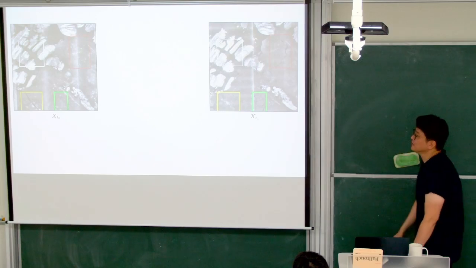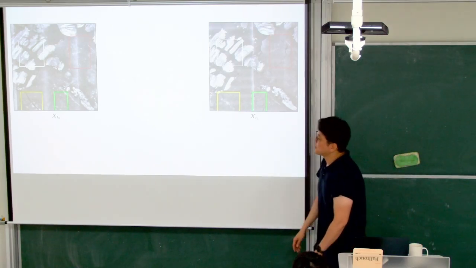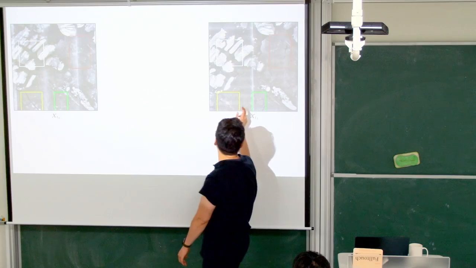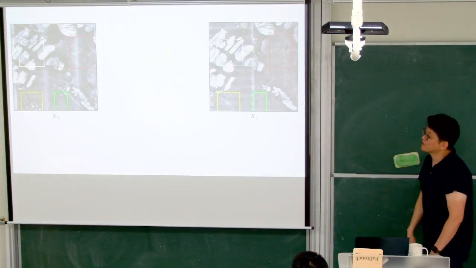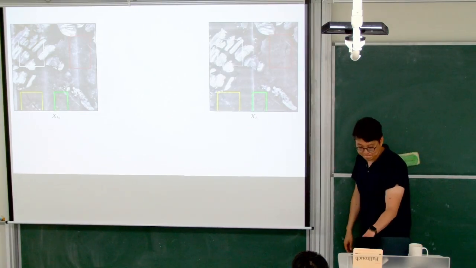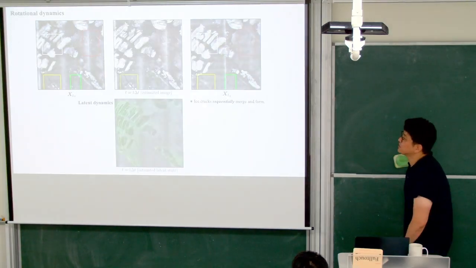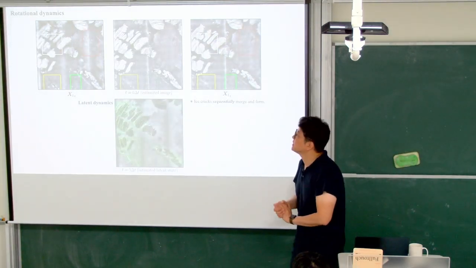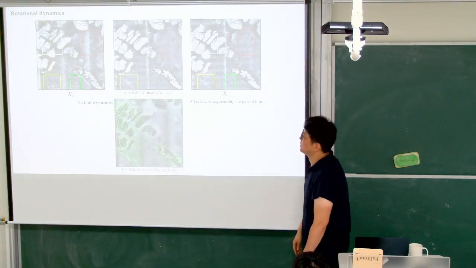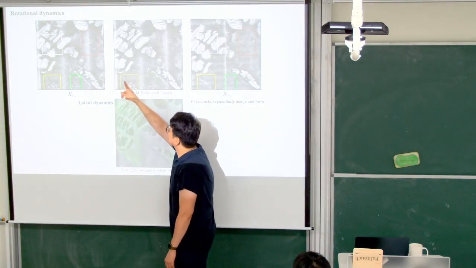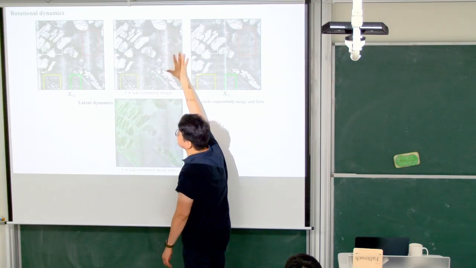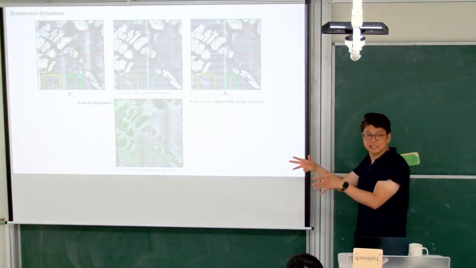And this is another example. As you see here, there's some crack, and here no crack, and there's some crack. And guess how it moves from X0 to X1. This is a river. This is a rotational dynamics. So overall, that is a counterclockwise rotation, and as you see, the crack disappears, and then another crack is generated, not simultaneously.